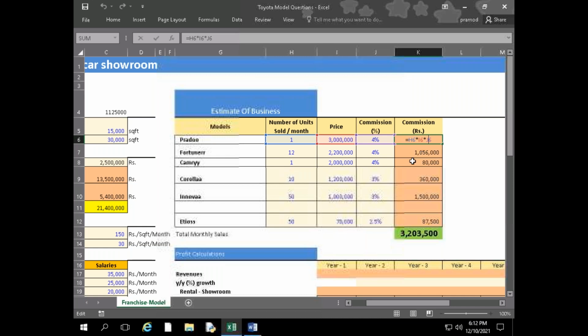Sir, for that year percentage growth, we don't have to do anything, sir? Blank. Year-to-year growth. One plus the percentage of the previous year. Yesterday we did the balance sheet and all, even the drug models also we did. Which one, sir?